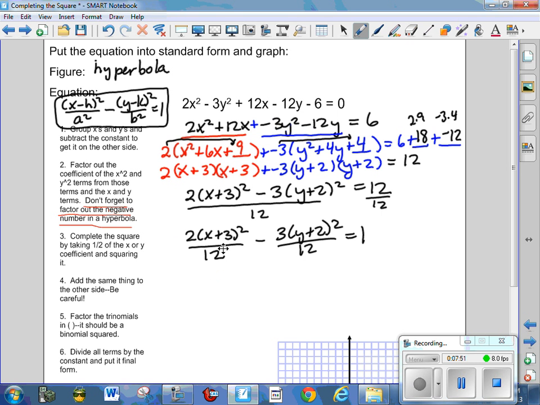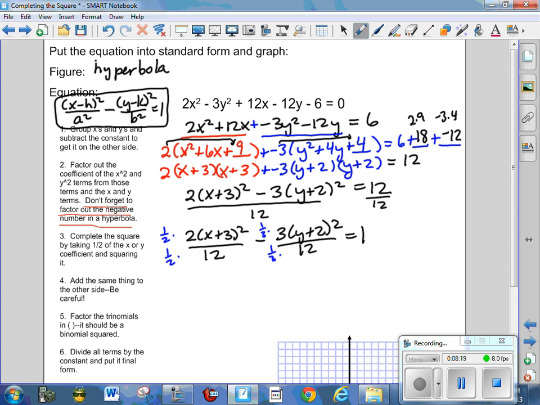So what you really have to think about is a couple of things. Notice that what I'm doing to get the 1 over 6 is I'm taking the 12, dividing it by the 2, and putting the 6 in the denominator. 12 divided by the 3 puts a 4 in the denominator. Another way I could look at it is I'm multiplying both the numerator and the denominator by the reciprocal of the numerator. So I could say 1/2 times 2 and 1/2 times 12. 1/3 times 3, 1/3 times 12.